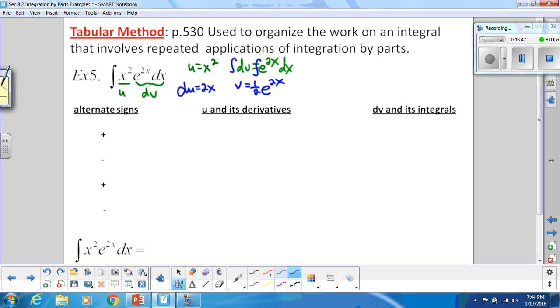So the formula then would look like u times v, so that's 1/2 x squared e to the 2x minus the integral of v du. Notice that in v times du, the 1/2 and the 2 cancel, so I'm not going to write that right here, to save some space, and so I'll just have x e to the 2x dx. I forgot my dx here, didn't I?